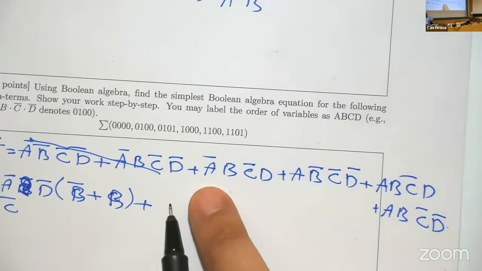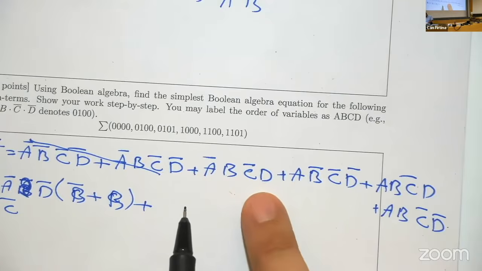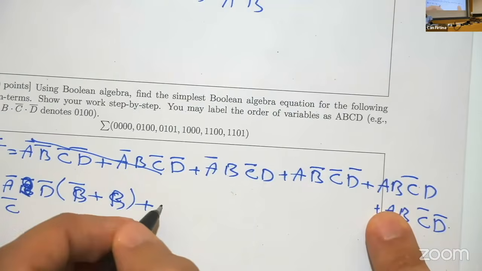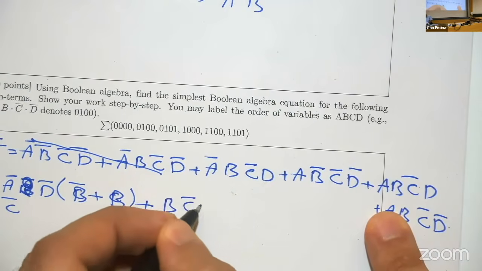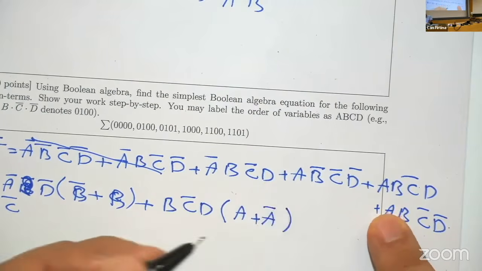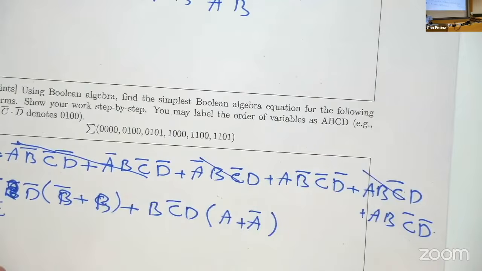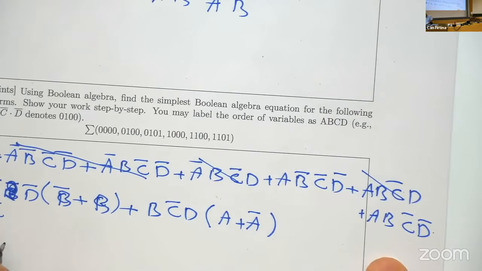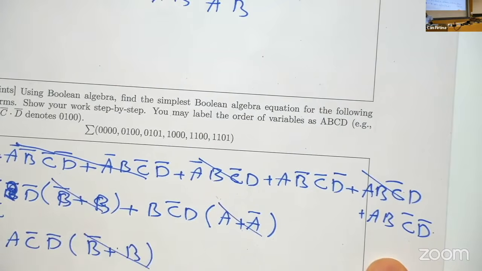Here we have A bar, B, C bar, D, and we can find a similar one. Yeah, these two. So B, C bar, D, we reach this one. And also we have these two terms, A, C bar, D bar, B bar plus B. So these are one.